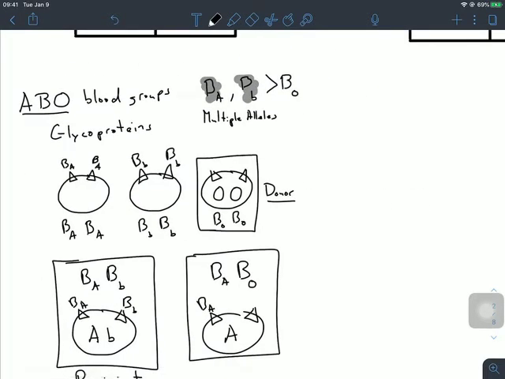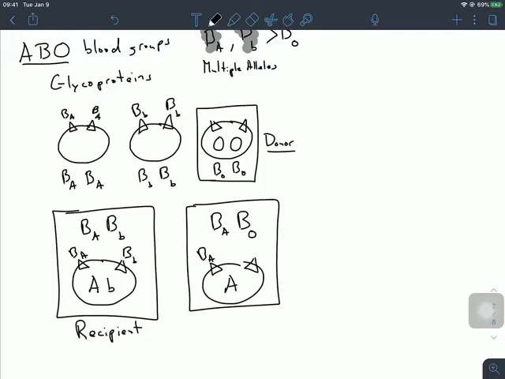And so hopefully that connects to some of your previous understanding of genotypes and blood and molecularly what's happening on the cell.